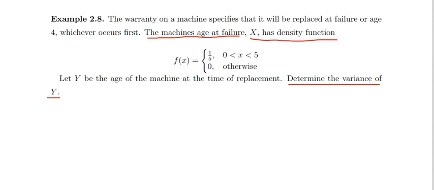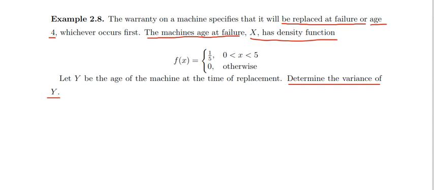So let's say the company will not use a very old machine. It will be replaced at failure or at age 4. So if the machine does not work, replace immediately, right?